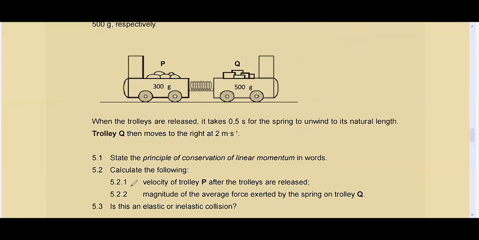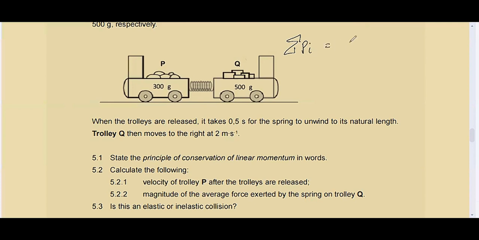Then 5.2, calculate the following. 5.2.1, the velocity of trolley P after the trolleys are released, right? So now how are we supposed to do that? We can see that this is a situation whereby both the trolleys were moving as a unit and then they became separated, right? So what are we supposed to apply here?